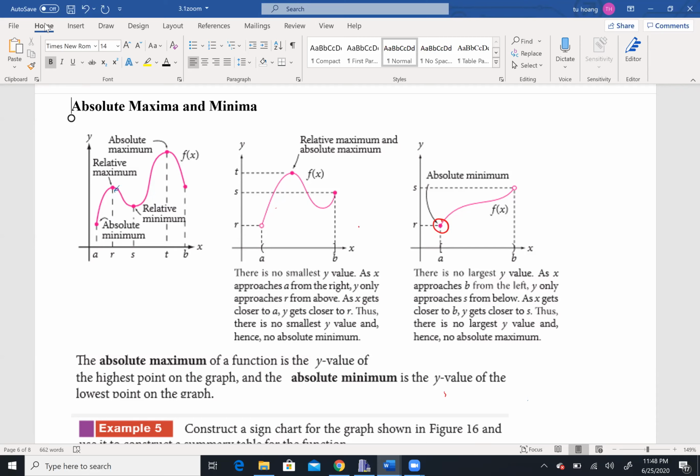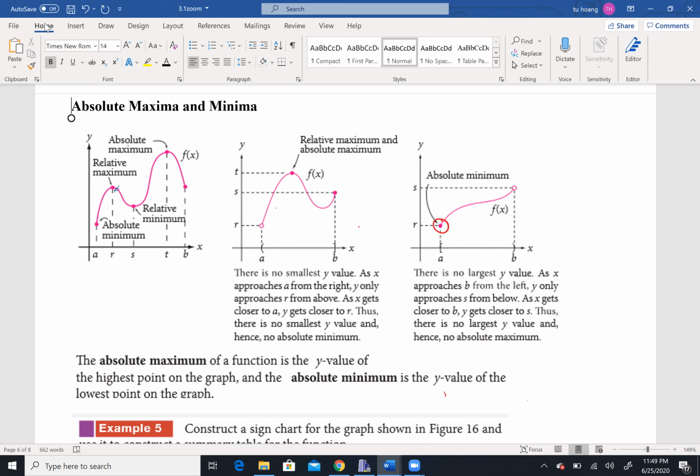It may be a relative maximum, or it may be a point that is not a relative maximum but has a value higher than the relative maximum. So it's still called an absolute maximum.